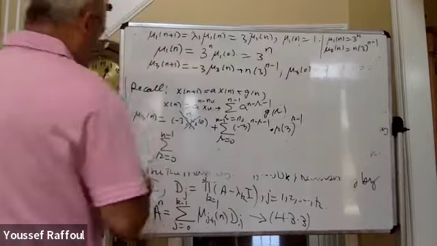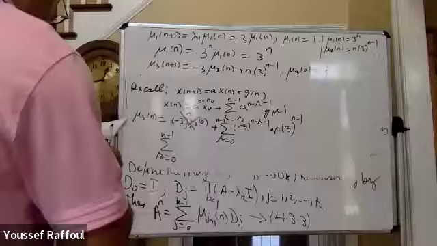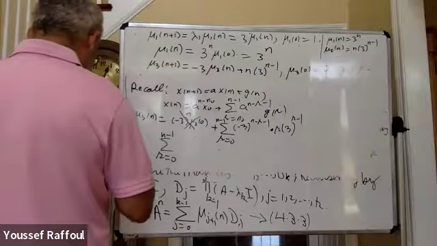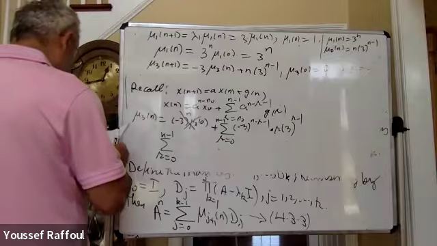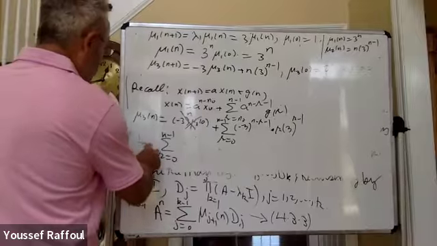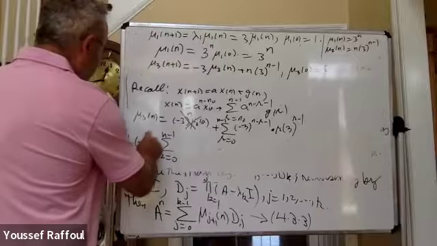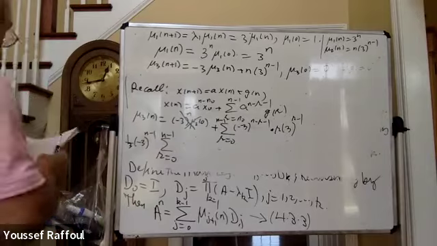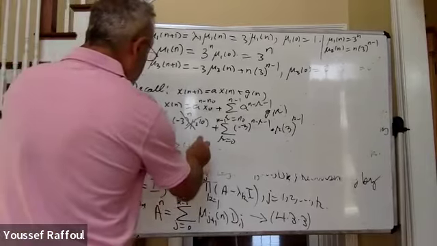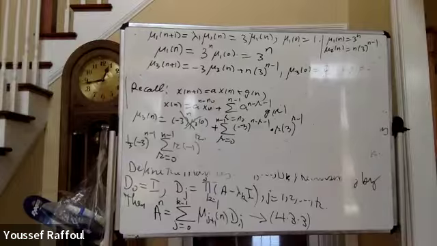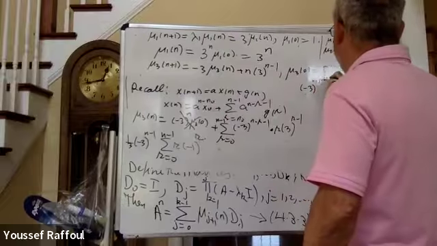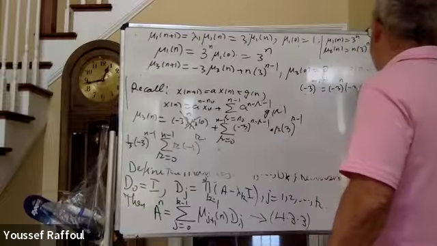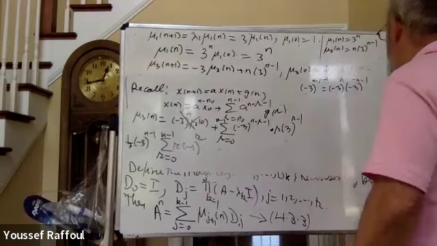Now I can simplify, and write 3 to the power n minus r minus 1 as 3 to the power n times 3 to the power minus r minus 1. You see that?